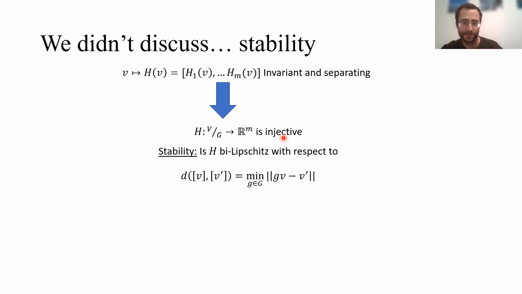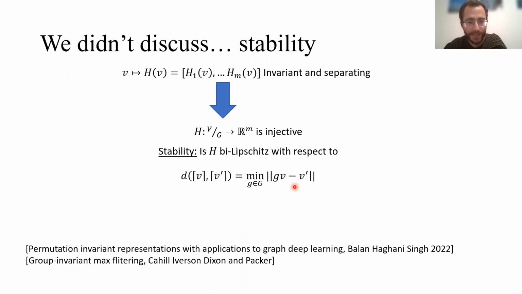There is arguably a natural metric on the quotient space: given two orbits, the distance between them is the best you can do, by applying a group transformation, to make them as close as possible. You'd like to preserve this distance. Some of the people here have papers which discuss this more, but I have nothing to say about that right now. It's worth discussing, and I guess that's it.